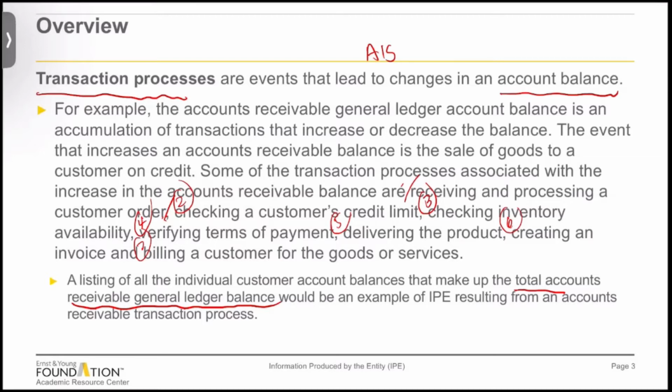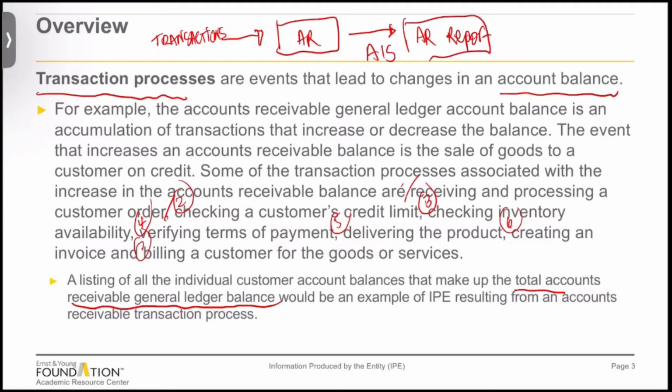So basically, all those transactions come into AR, and then AR produces what we call an AR report or an AR GL. This is the transaction process, and the AR report is what we call the information produced by the entity, or IPE.